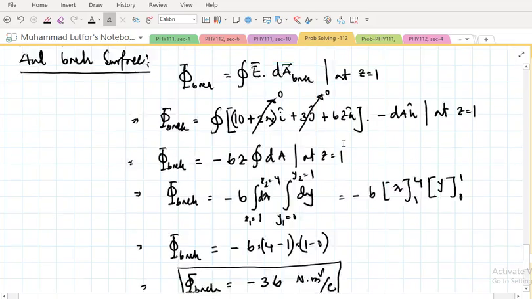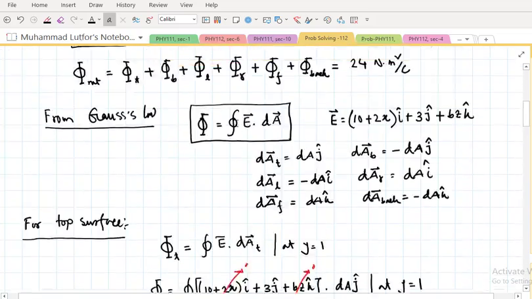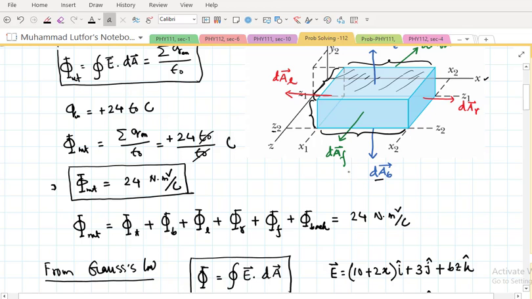Look at this, this net flux must be 24 Newton meter square per coulomb. This will be my net flux.